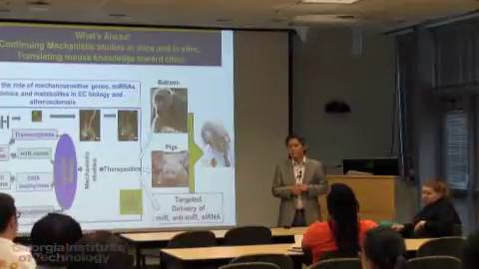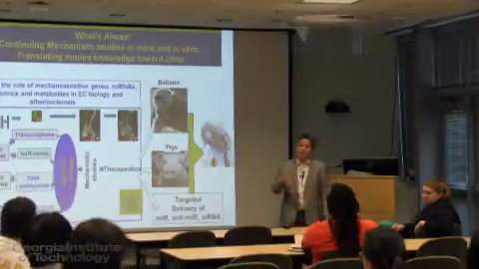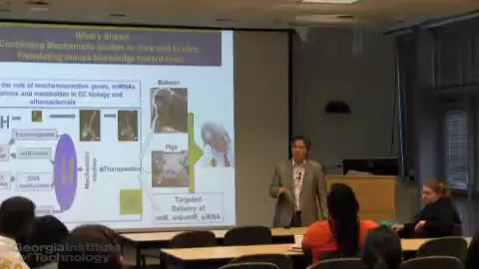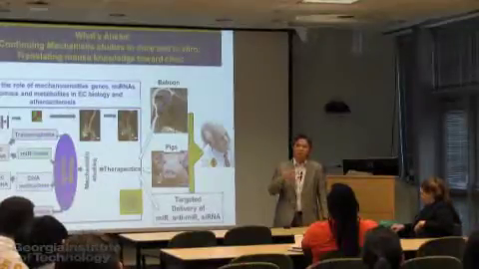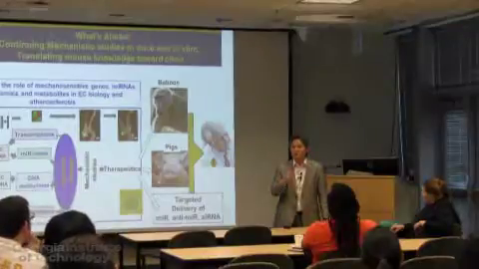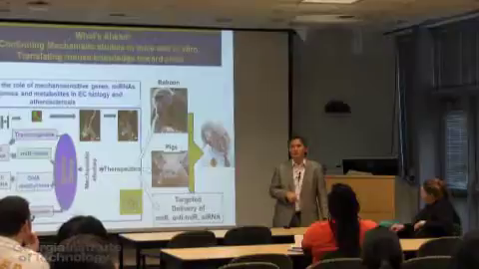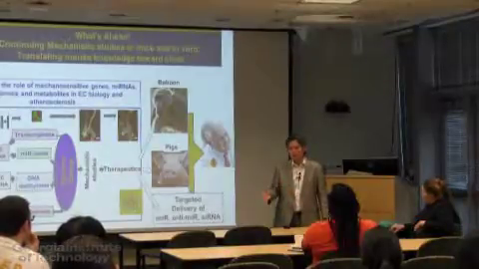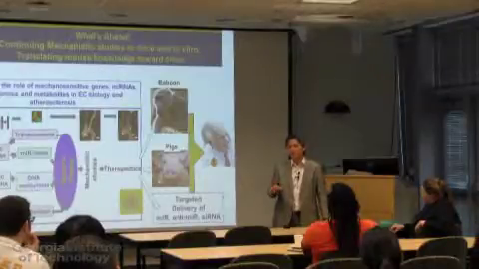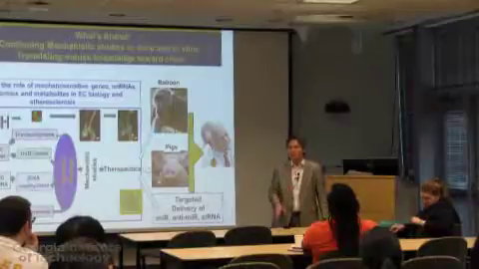But 5-AZA would target both. Well, so right. But it turns out that in our model, DNMT1 is really the major one that changes. 5-AZA is actually more selective toward DNMT1 than DNMT3. So while we cannot exclude a role for DNMT3, I think it has a minor role. The major role seems to come from DNMT1.